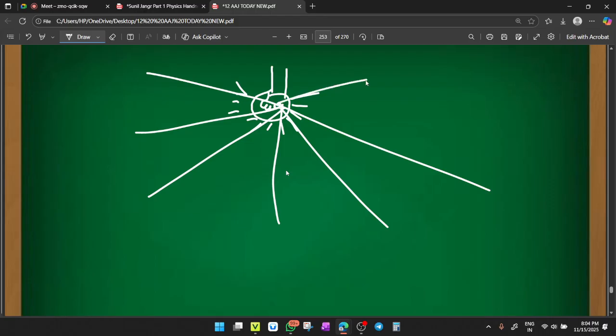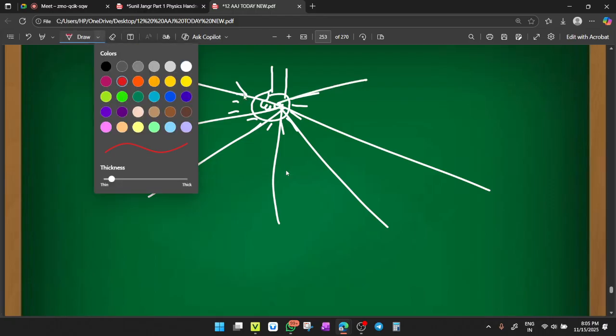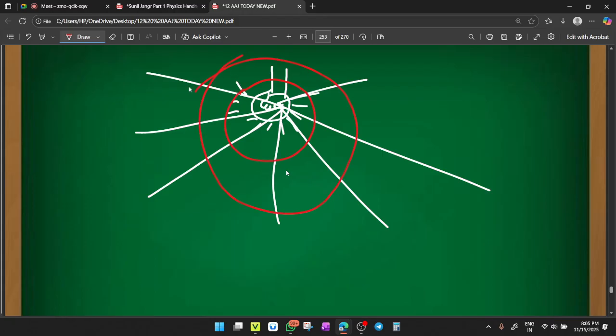The waves form spherical wavefronts, like we formed in the river or pond. So these are called spherical wavefronts. So we also have to study the relation between these waves and rays.